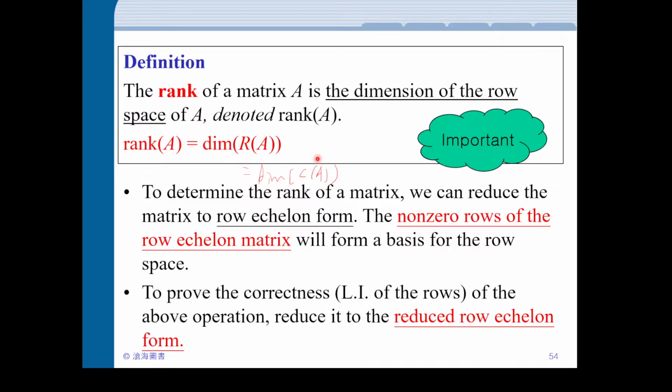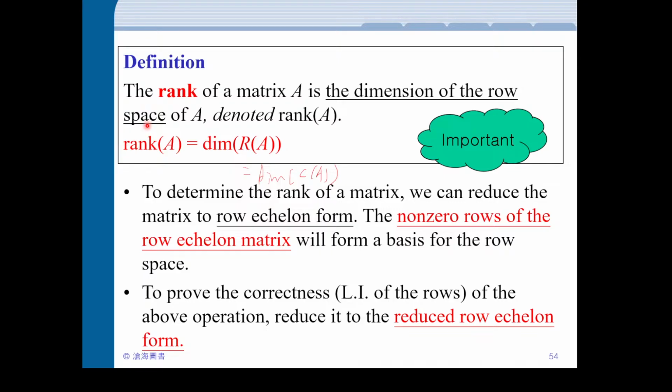Technically, if you want to be very careful, we need to prove that the row space actually has a dimension. But it's pretty obvious, and we're going to have a constructive proof now.